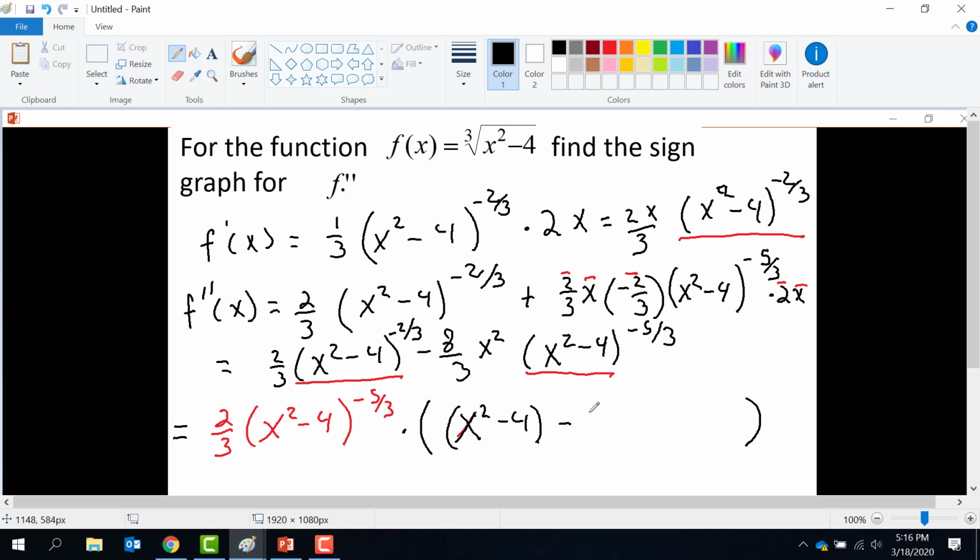Minus, I pulled out the 2/3, so then that would just be 4. And that way the 2/3 times the 4 would give me the 8/3. And then I pulled all of this out because it's over here. And so then what's left is just the x squared.